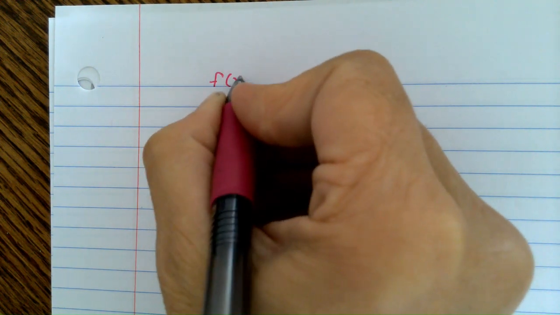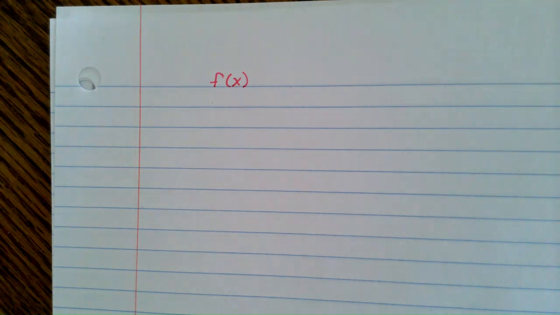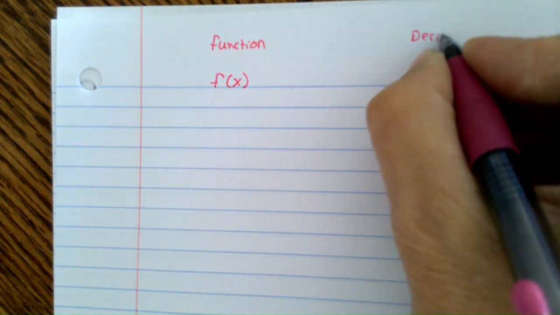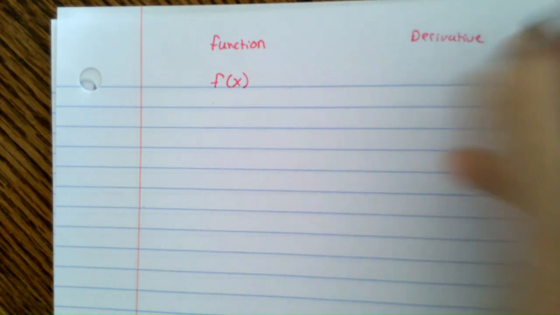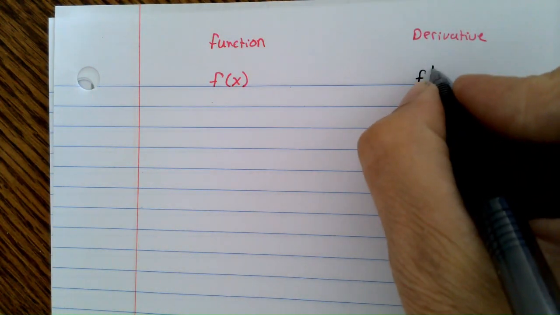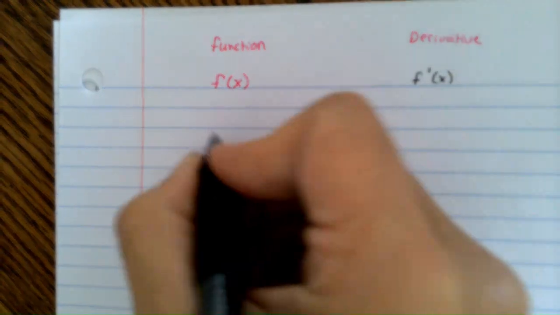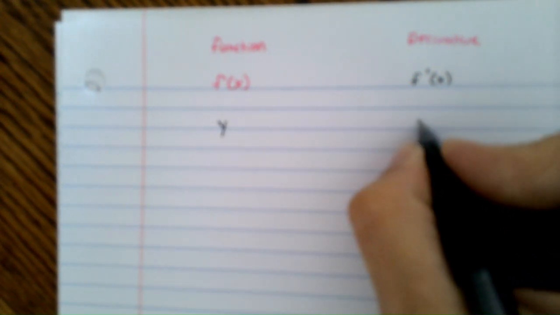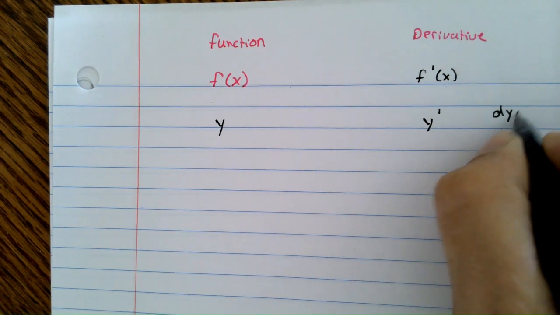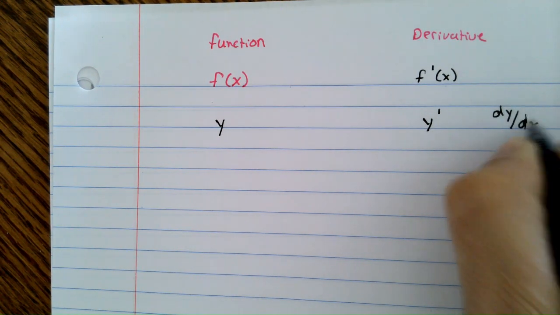If they give you f of x as your function, your derivative, okay, you might see it as f prime of x. If they give you y, you might see it y prime, or you might see it as dy over dx, okay?